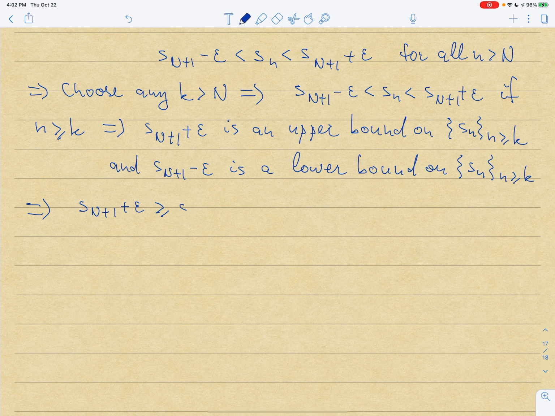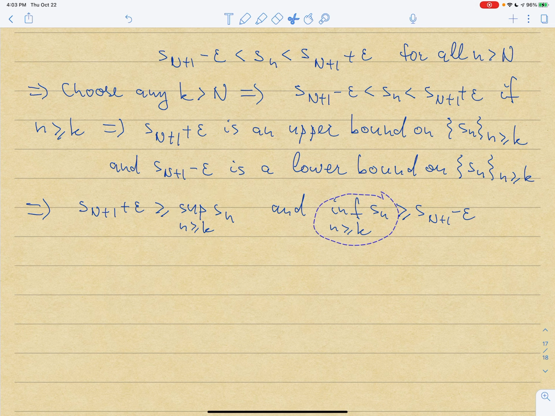So then the greatest lower bound, or infimum, is going to be greater or equal than S_{N+1} minus epsilon. But also another thing that I know is that the supremum over some set is always going to be greater or equal than the infimum over the same set. So I can just get rid of this and say that this is greater or equal than the infimum.